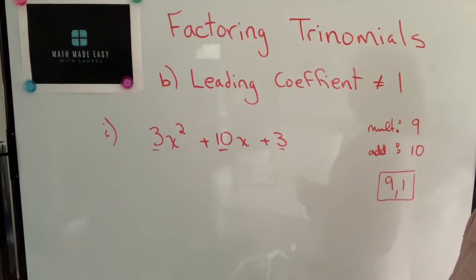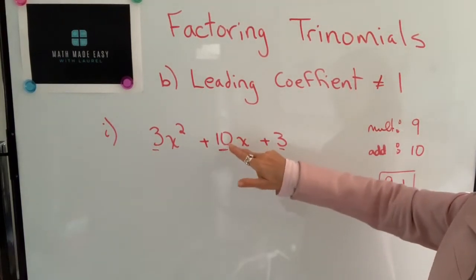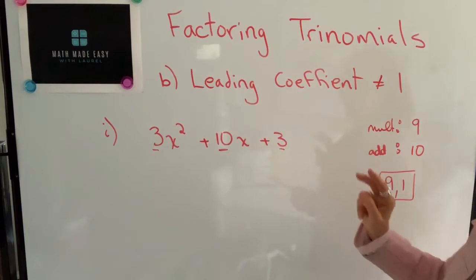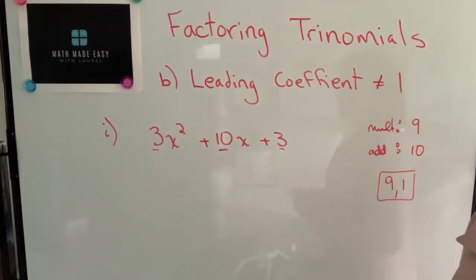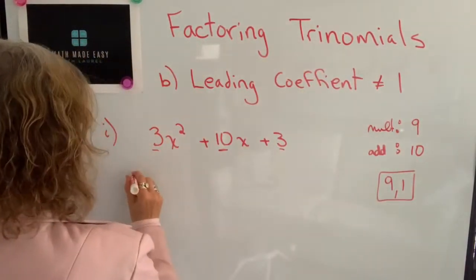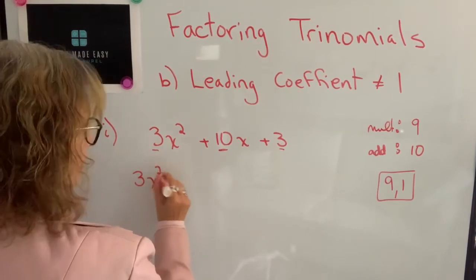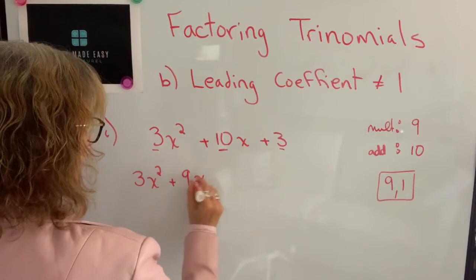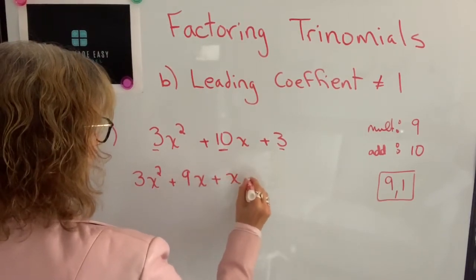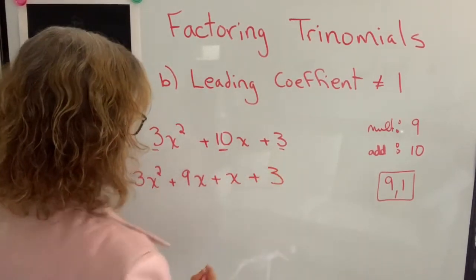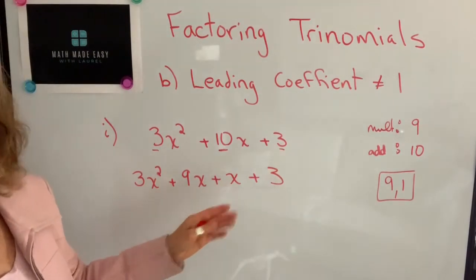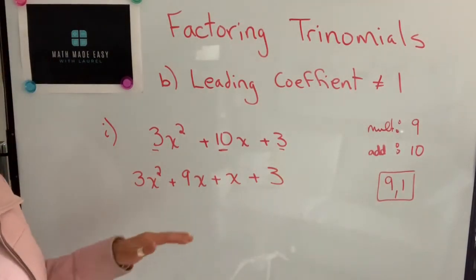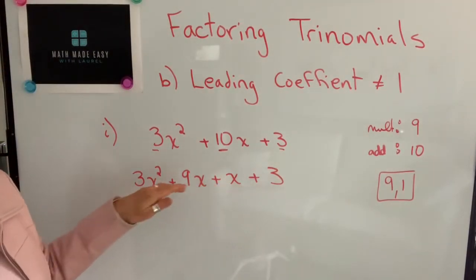Then what we're going to do is break up this middle term into two terms with these coefficients. So I'm going to write 3x squared plus, instead of 10x, 9x plus 1x. Now what we're going to do is factoring by grouping, and that's typically what we do when we see four terms like this.